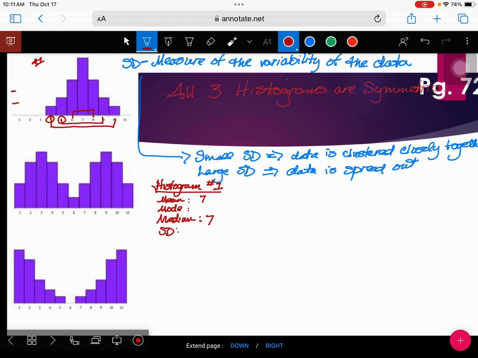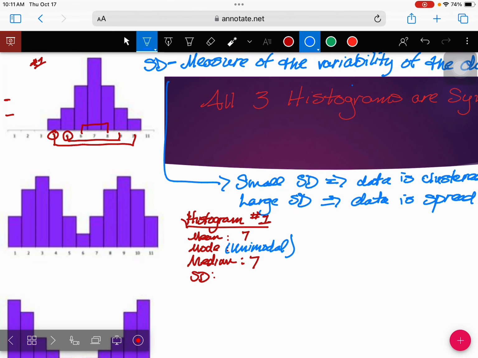And if it's unimodal, as it is here, one mode, what's the mode of this histogram? 7, because that is the histogram bar that is the highest. So more people scored 7 on those quizzes than any other number.